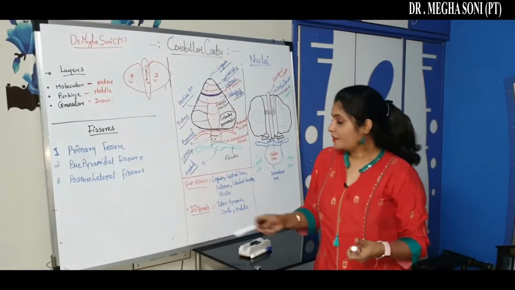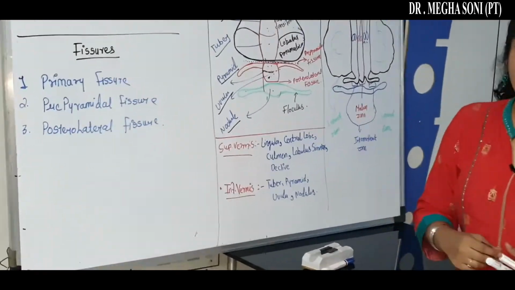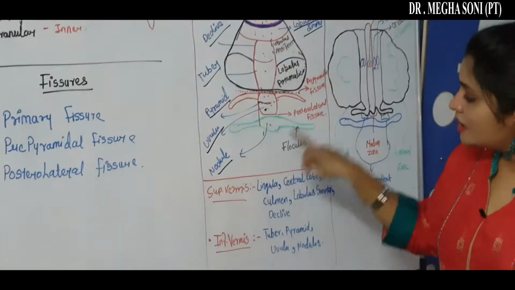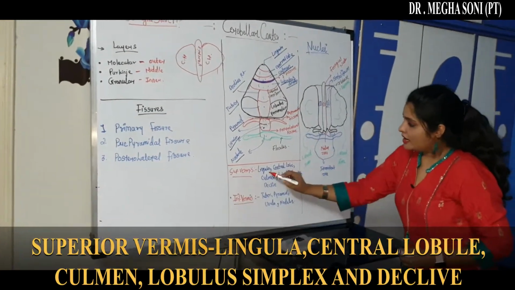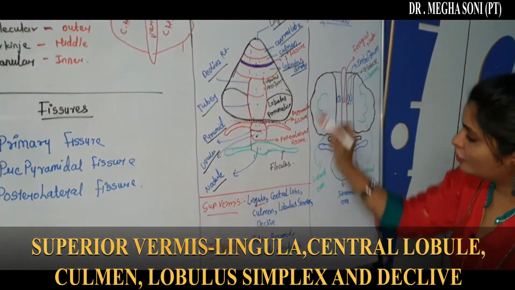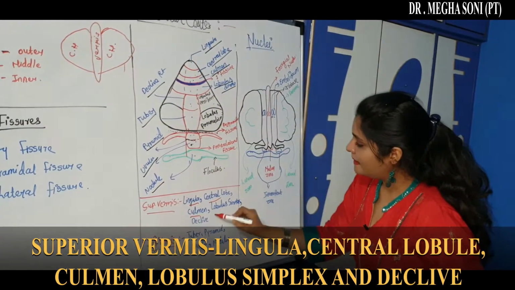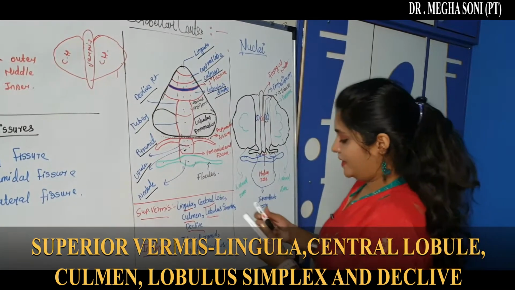Now as I said, vermis is divided into two, superior vermis and inferior vermis. So which part of vermis is included in superior vermis? Let's see. This lingula, then central lobule, culmen, lobulus simplex and declive. So these are the part of superior vermis.